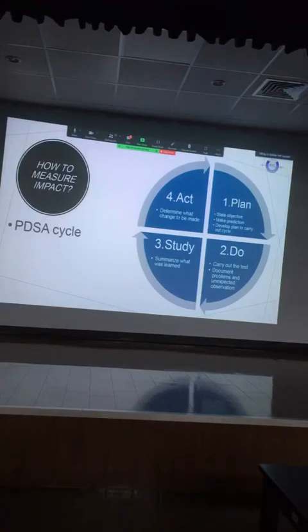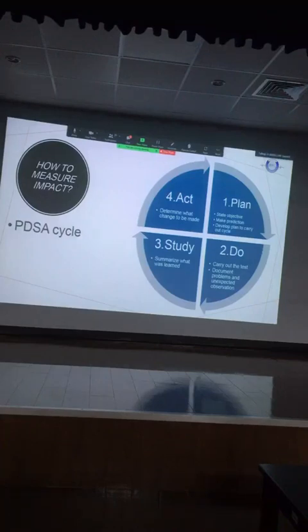You want to state your objective based on the steps that we mentioned before, and then make a prediction and plan how to measure it. A key thing is you need to know how to measure your project. If you want to improve something and you don't know how to measure it, and you don't do that in your plan part, your whole cycle is going to fail.